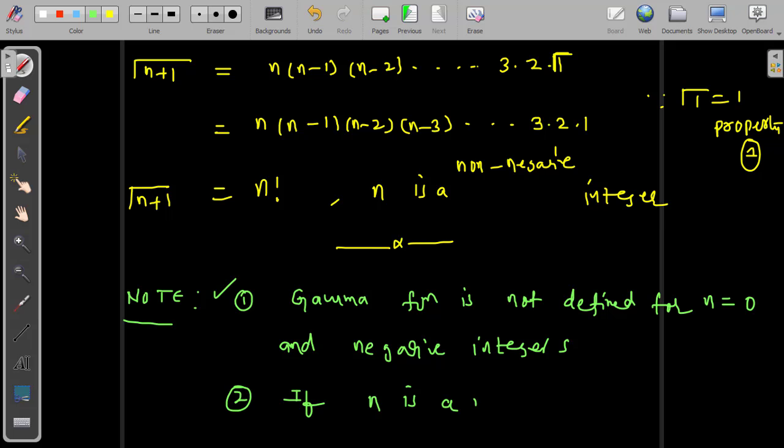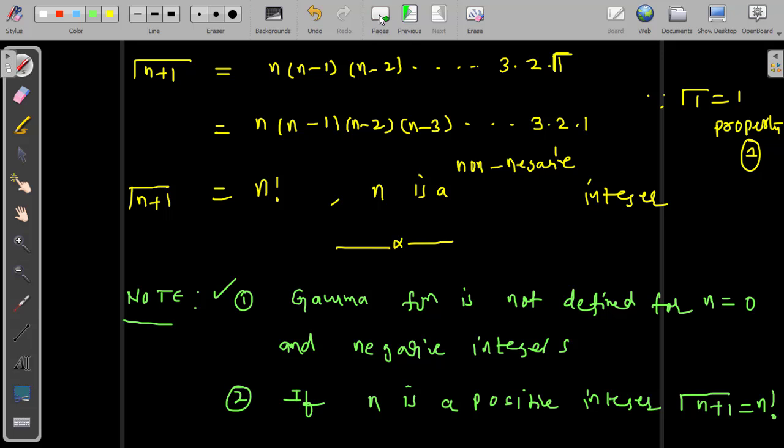If n is a positive integer, then gamma of n plus 1 equals n factorial. It is defined for positive integers, and we can say this is a generalization for non-negative integers also. As of now, for positive integers gamma n plus 1 equals n factorial.